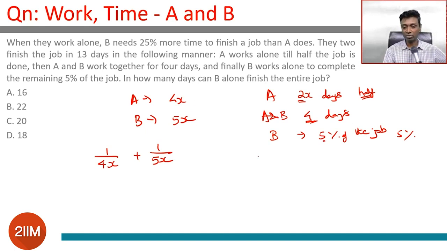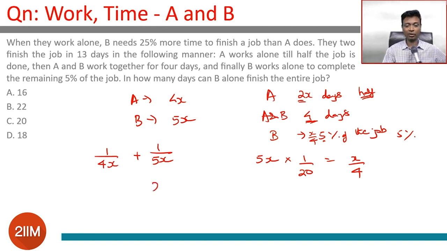Remember, B takes 5x days to complete the entire job. To complete 5% of the job, B will take 5x into 5%, 5x into 1 by 20, which is x by 4. So B works for x by 4 days, A works for 2x days, and then A and B together work for 4 days.